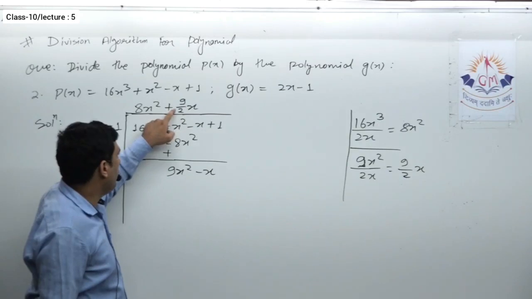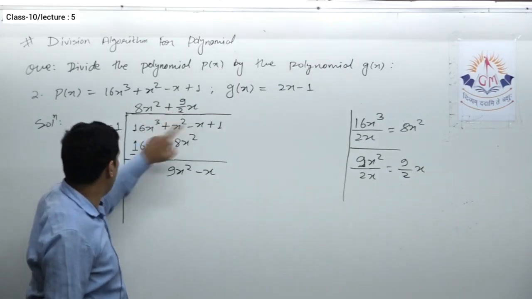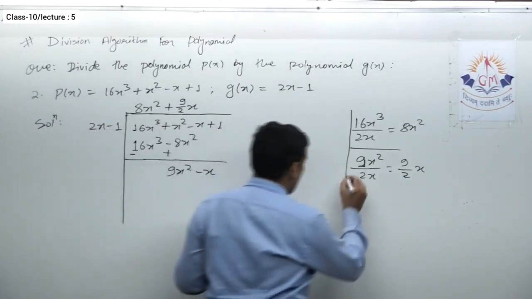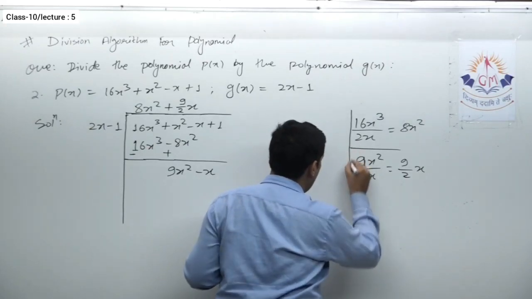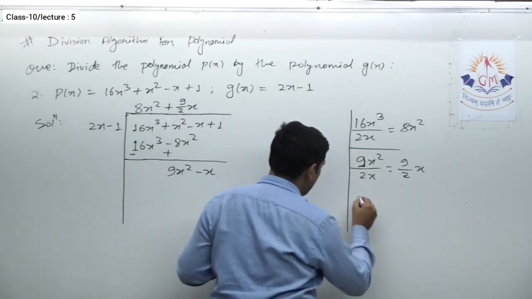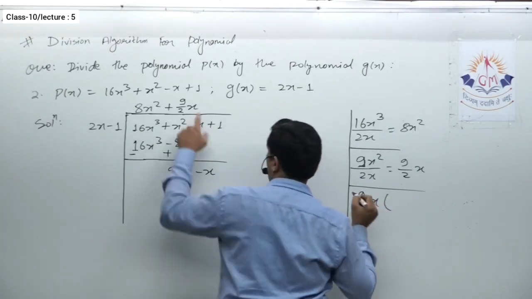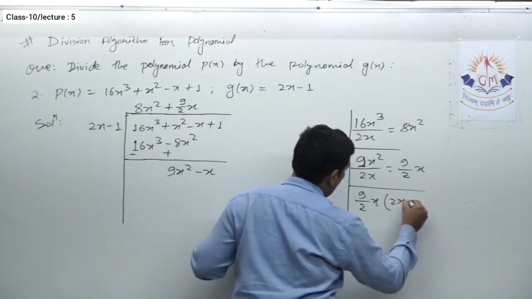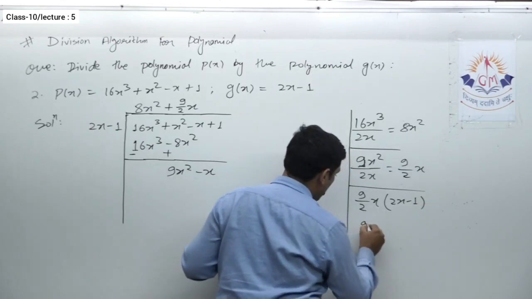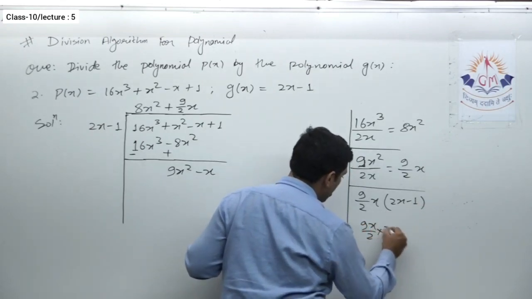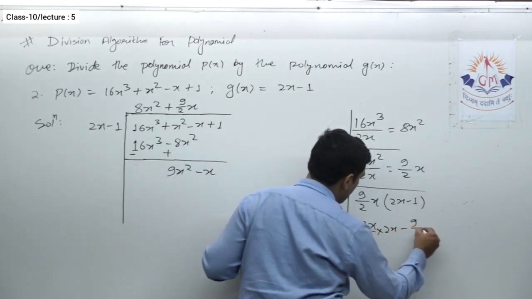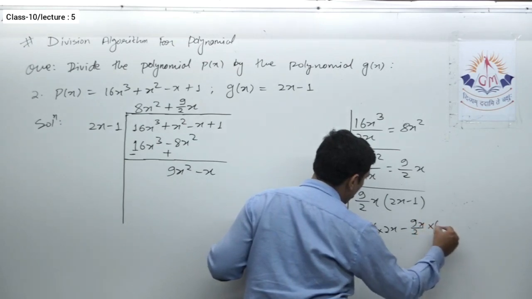Now you have to multiply 9 by 2x with 2x minus 1. That can be done orally, but as it is a fraction, I am showing that calculation here. I have to perform 9x by 2 multiplied by 2x minus 1. So 9x by 2 into 2x minus 9x by 2 into minus 1.